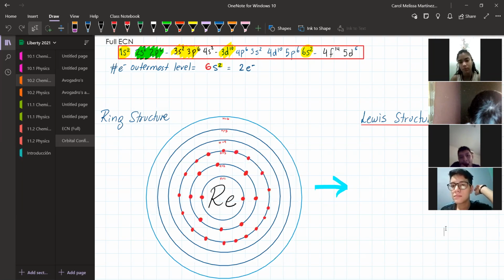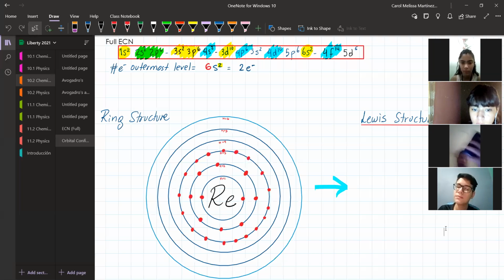How many are you going to put in the fourth ring? You have 4s2, 4p6, 4d10, and 4f14. So it is 8 plus 10, 18 plus 14, 32.